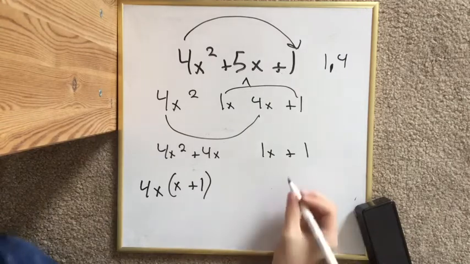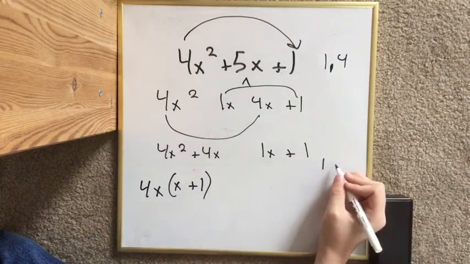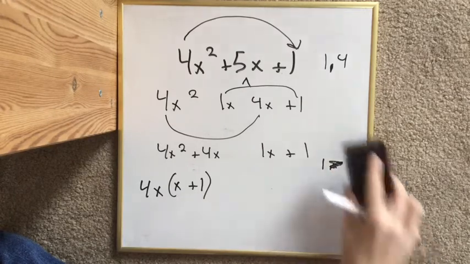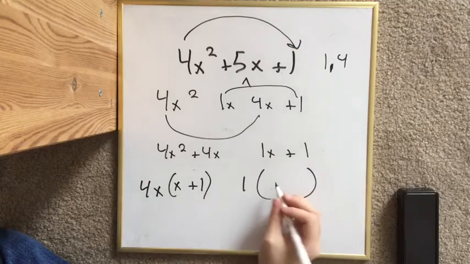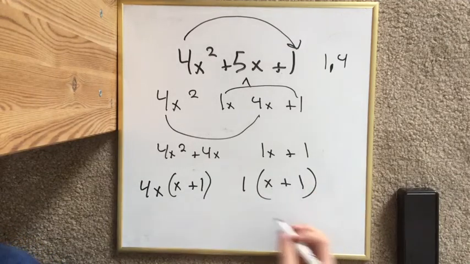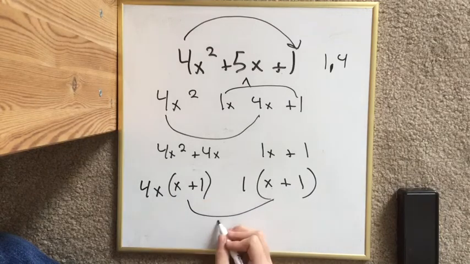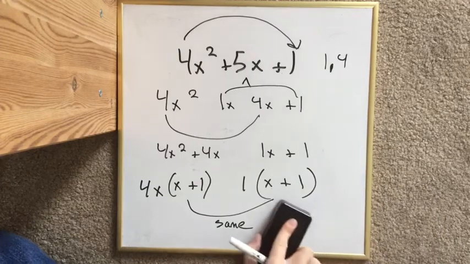Now what can we take out of both 1x and 1? Well, just 1. So 1 times, what do we have left? x plus 1. So we have the same thing in both parentheses, so that's how we know we did it right so far.